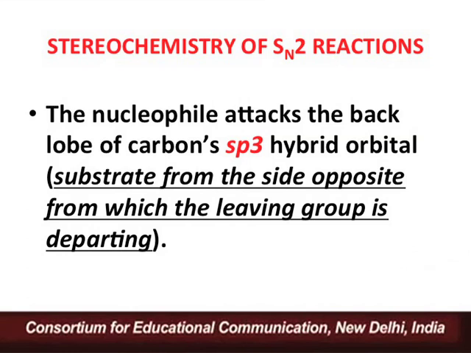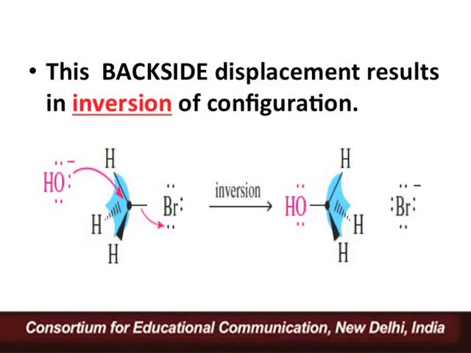That is, it attacks the substrate from the side opposite from which the leaving group is departing, or in other words, at an angle of 180 degrees. This backside displacement results in the inversion of configuration.